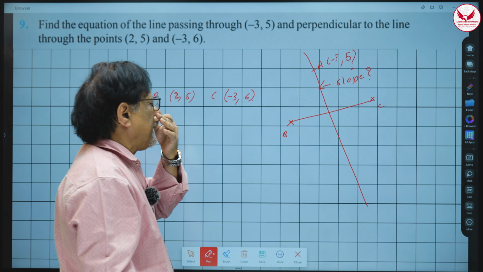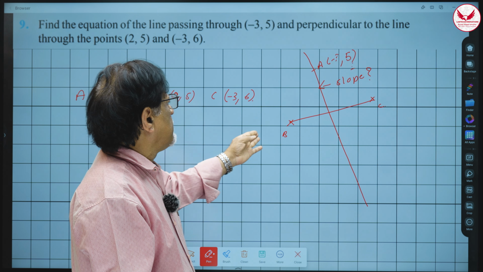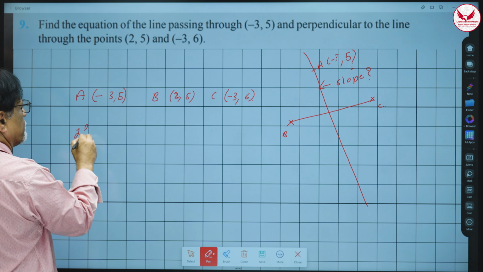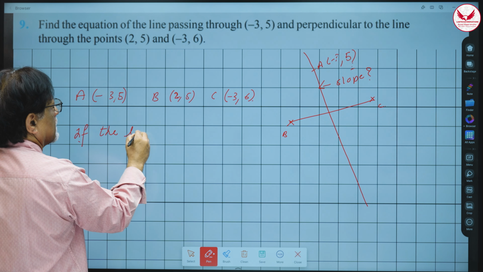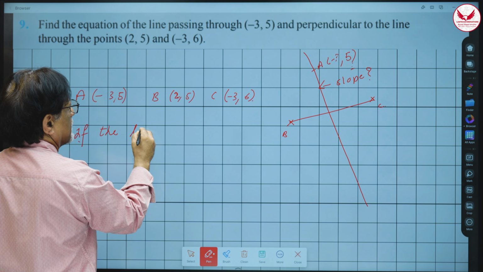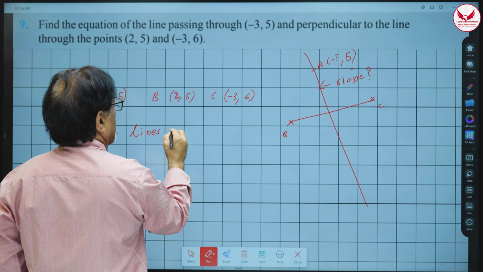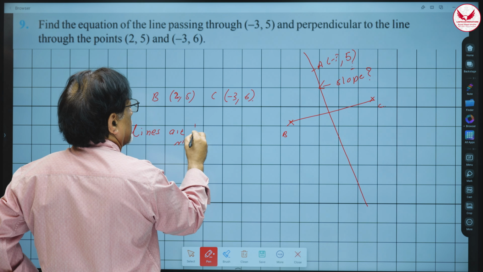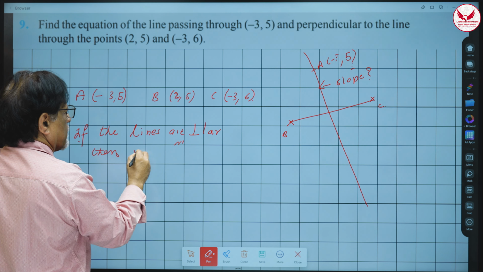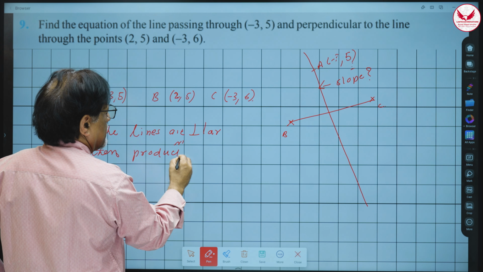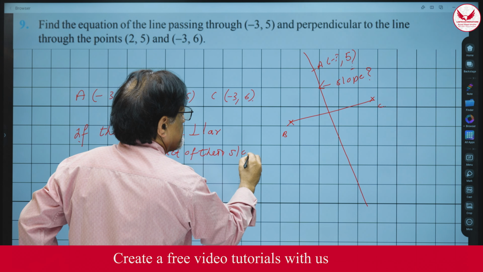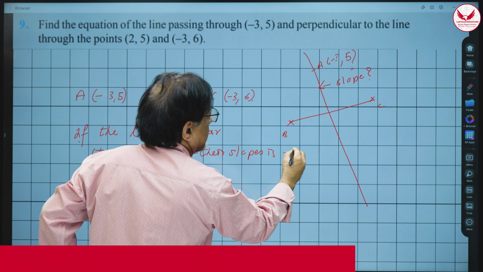What is its slope? What is the relation of this line with this line? They are perpendicular. If the lines are perpendicular, then the product of their slopes is minus 1.